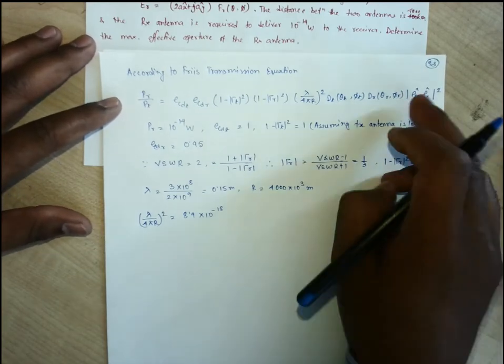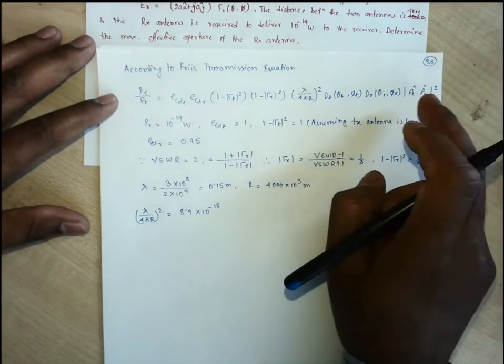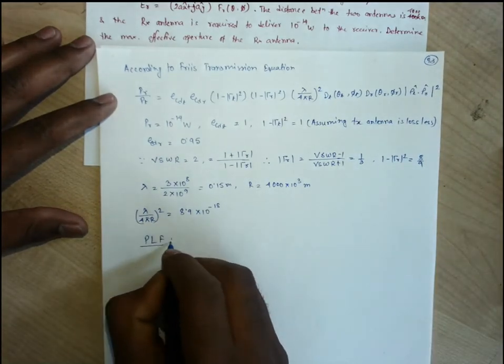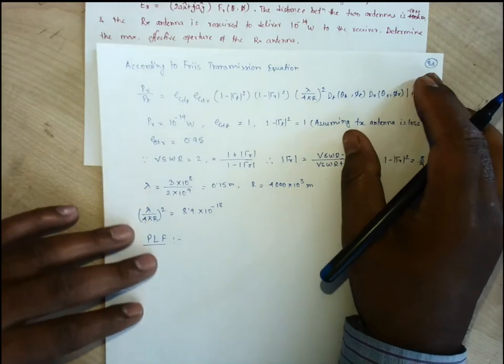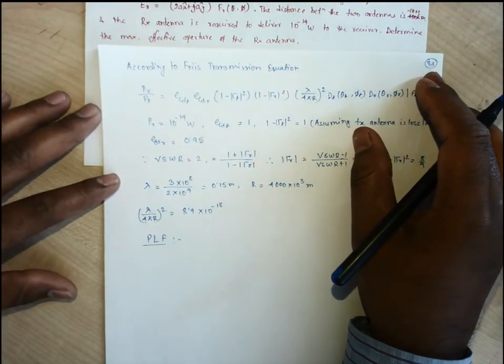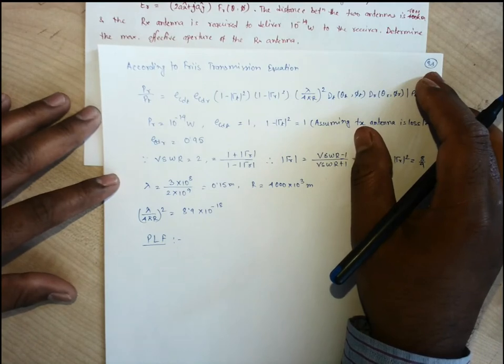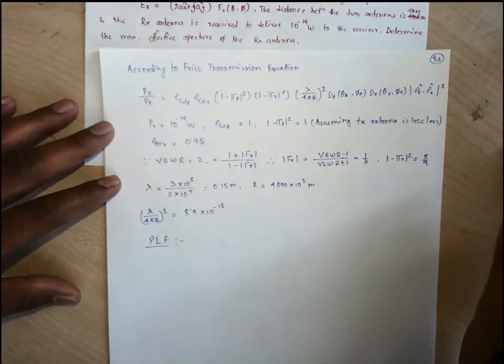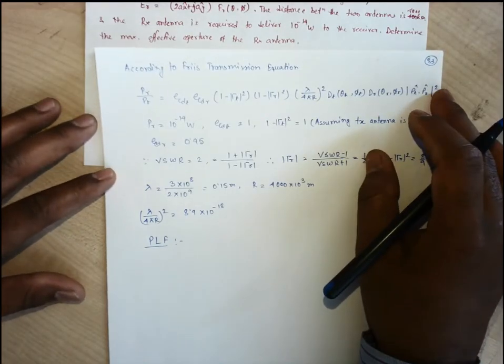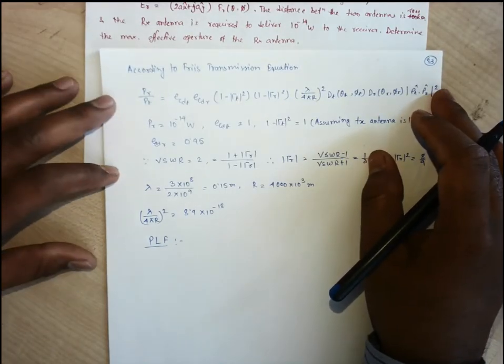Now what about this polarization loss factor? That is PLF. Now since no data is given for this incident field EI of the wave traveling from the transmitter antenna and incident upon the receiving antenna, only the receiving antenna field description is given, right?